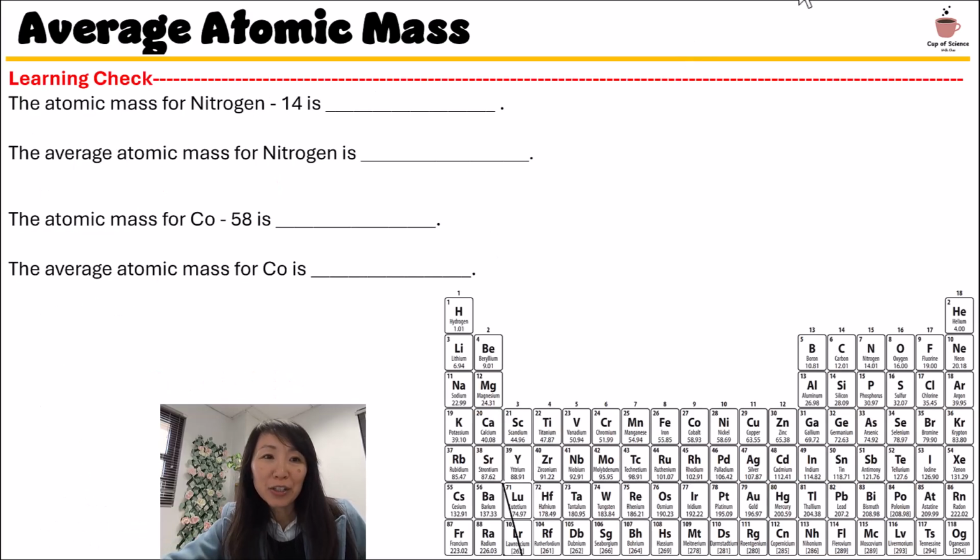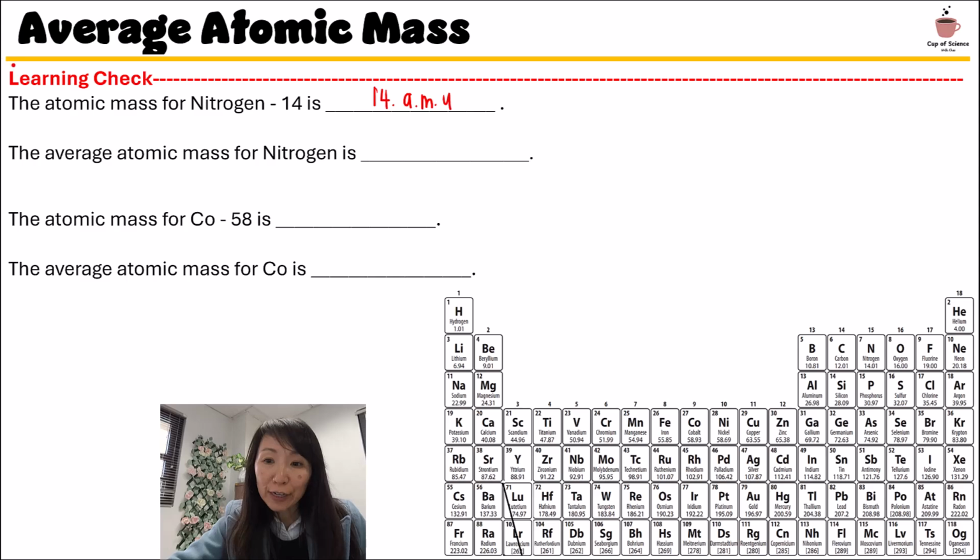So let's do a learning check. Here it says atomic mass for nitrogen-14. So this is a type of isotope called nitrogen-14. So what is the mass? The mass already tells you that's 14. So this is 14 AMU.